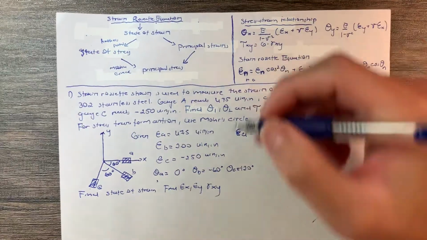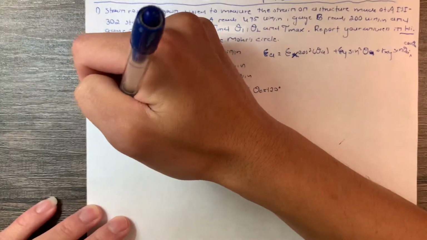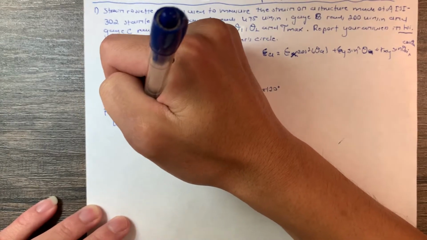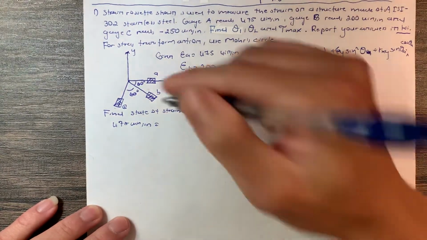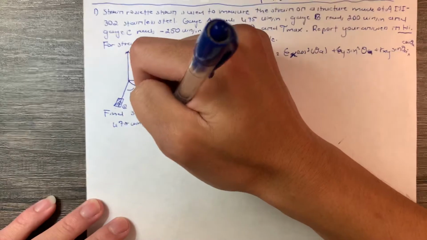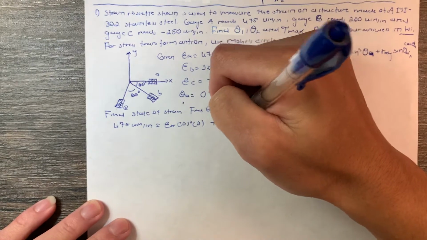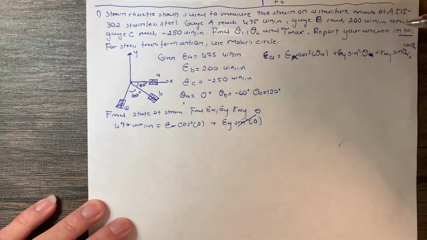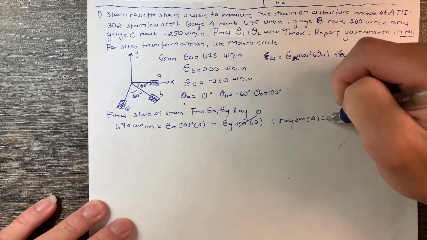So for the first one, let's see, I'm just going to write right here. Epsilon A was given, so it's 475 micro inches per inch, equal to epsilon x cosine squared 0 plus epsilon y sine squared 0, that is just 0, and plus gamma xy sine 0 cosine 0.